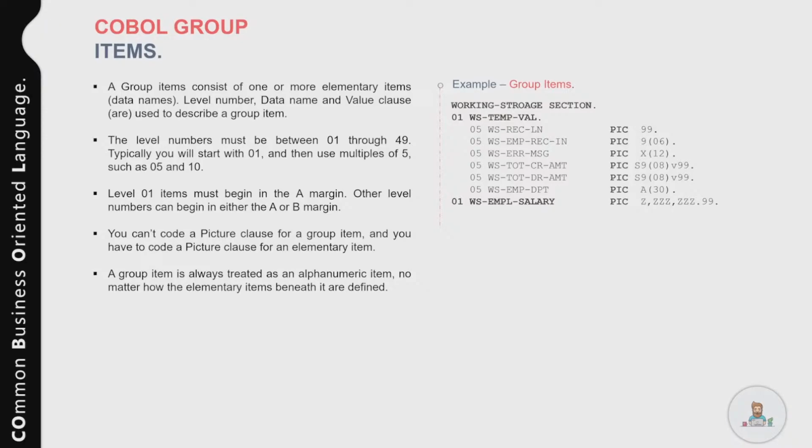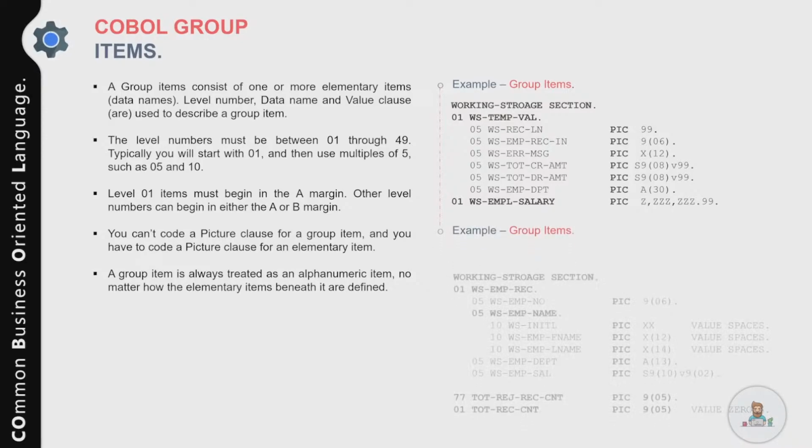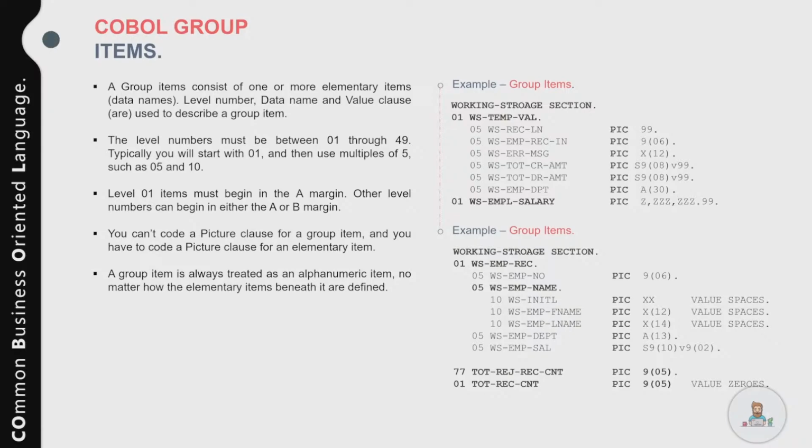In the second example, we have a working storage section, and again we have defined three variables, and the first variable that we have defined, that is ws-emp-rec, is a group variable or a group item. And in this group variable we have again defined another group variable, that is ws-emp-name, which is actually a combination of initial, employee first name, and last name.